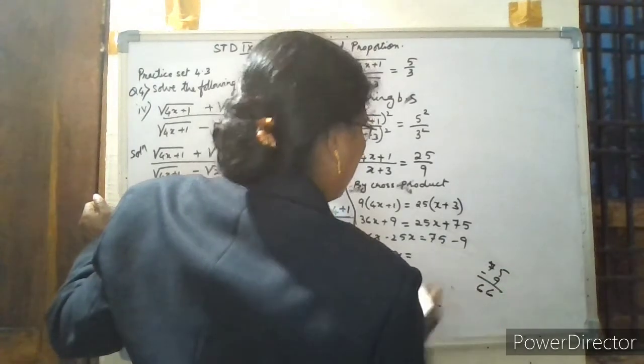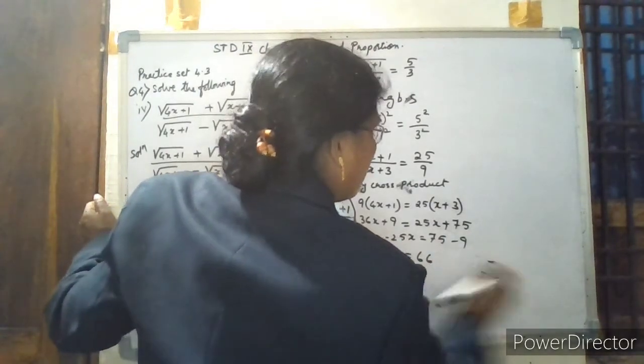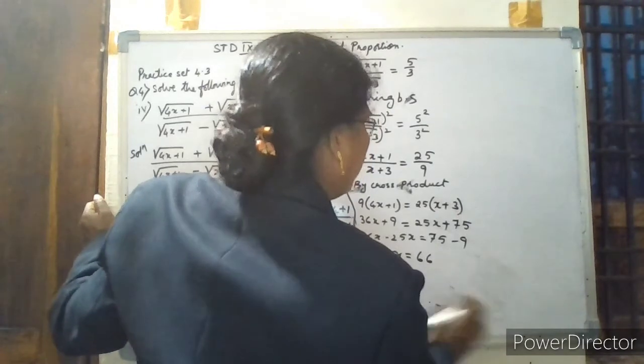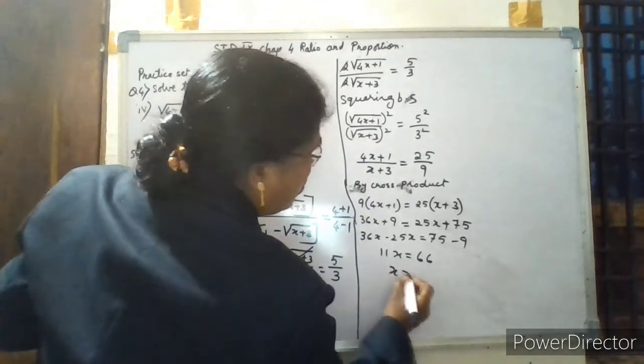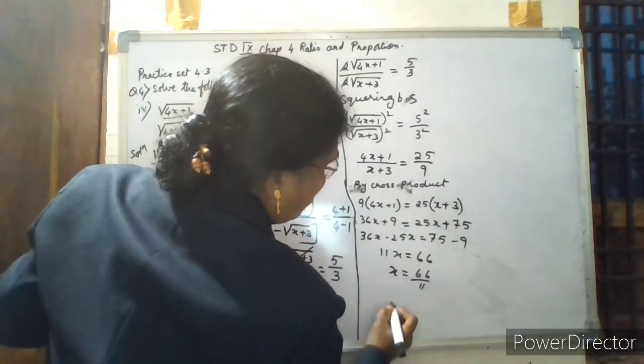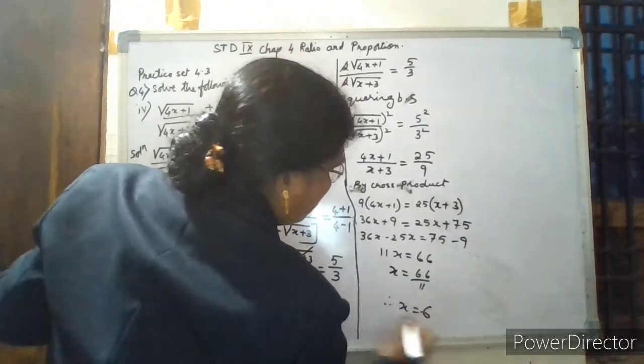Now x is equal to 66 by 11. Therefore, x is equal to 6. We got the value of x.